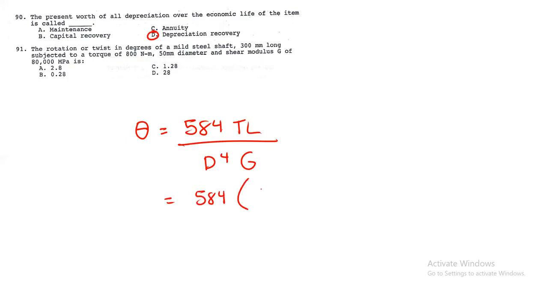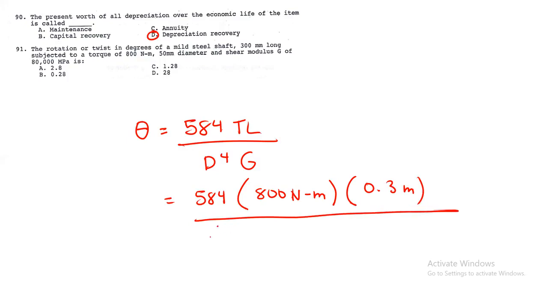The rotation or twist in degrees of a mild shaft. Meron tayong length, may torque, may diameter, and may shear modulus G. So pag ganyan yung tanong sa 91, shortcut formula na kagad tayo. 584 TL over D fourth G. So 584 times torque natin na 800 Newton meter times length, so 0.3 meters divided by diameter.